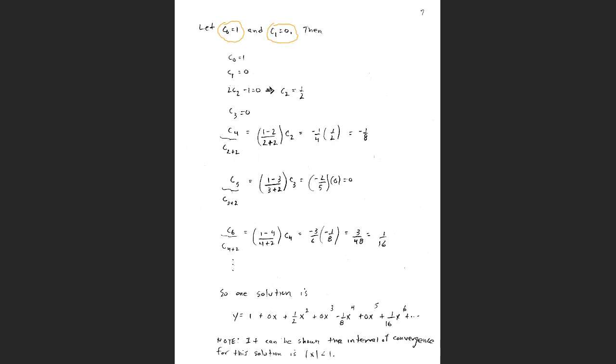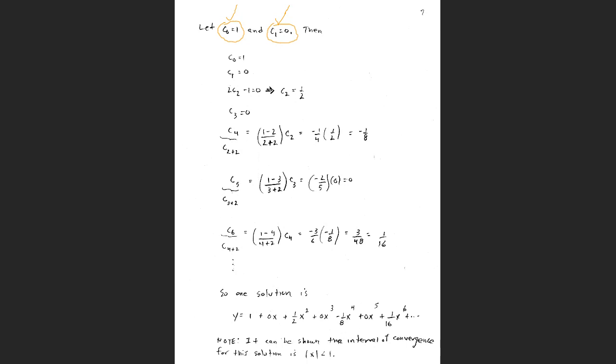Theoretically, you could randomly assign values for C sub 0 and C sub 1, but you're not going to do that, because WebAssign is going to give specific power series solutions. One of the power series solutions will go with letting C sub 0 equal 1 and C sub 1 equal 0, like in this case.